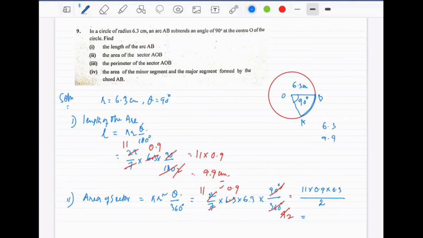6.3 and 9.9 multiply, 9 threes are 27, 9 sixes are 54, 54 plus 2 is 56. So 5, 6, 7 again, 7, 3, 2, 6. 2 decimal points. So we will have 62.37 divided by 2.